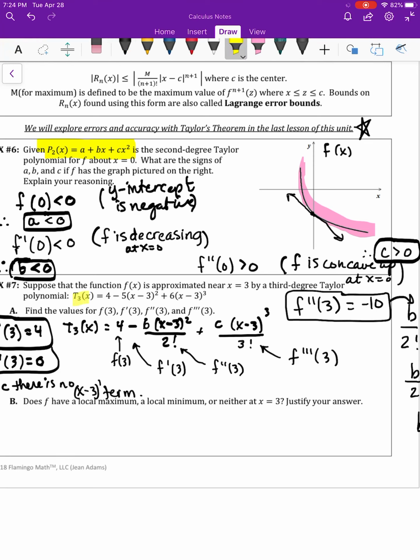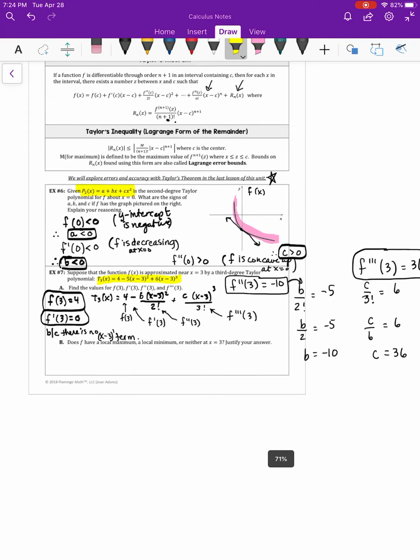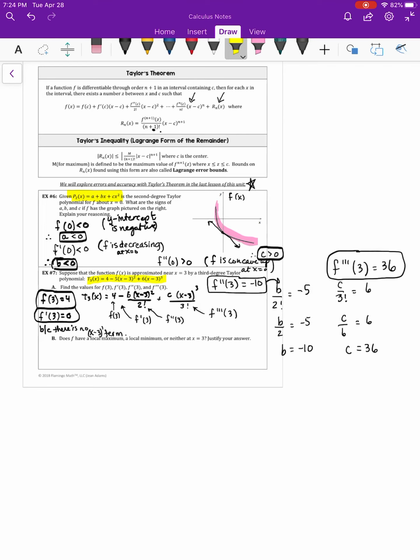So all we were seeing here are those values after they simplified the fraction. To find f of 3, f prime of 3, f double prime, and f triple prime of 3, we had to figure out what that original value was.